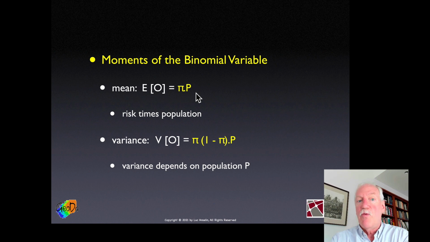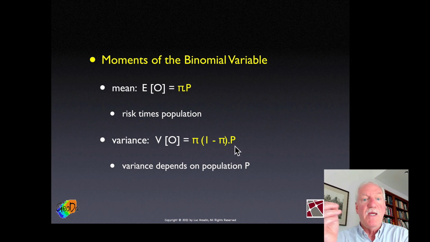We applied a reference risk, the average for the state, to the population of the county. So you can think of the reference risk as being pi, and we apply that to the population. So the mean is pi times p, and the variance is pi times 1 minus pi times p. So both the mean and the variance depend on the population p.